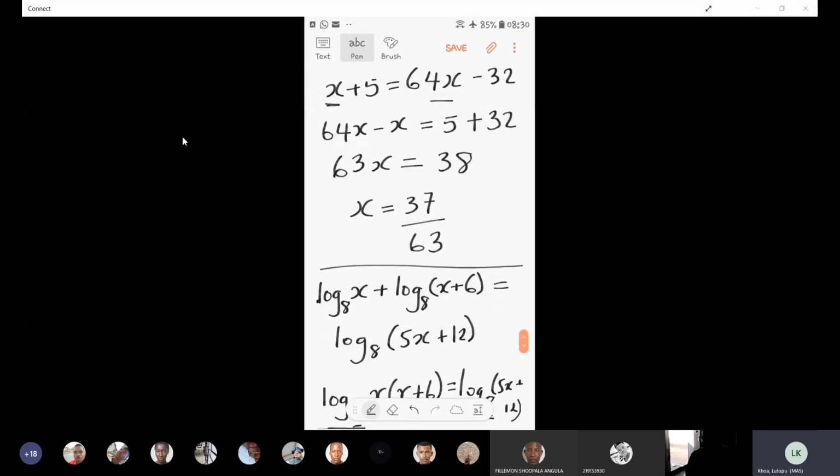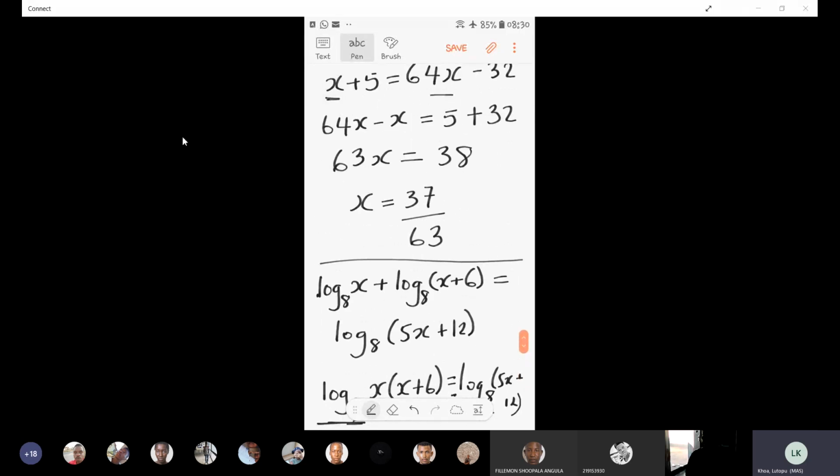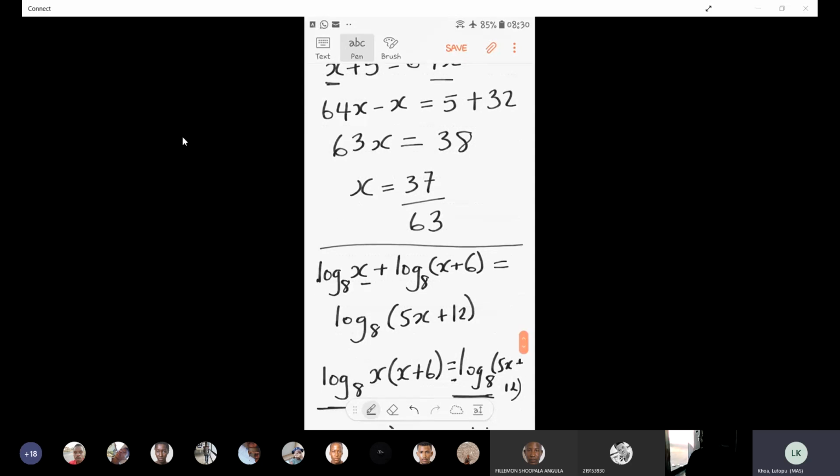If I substitute -4 over here, my argument is negative, so -4 is not a solution. So -4 I will say is invalid, but then when I substitute 3, I don't have any problems.